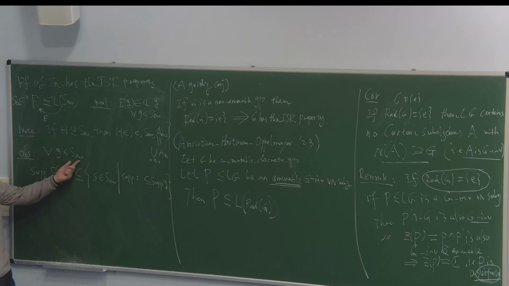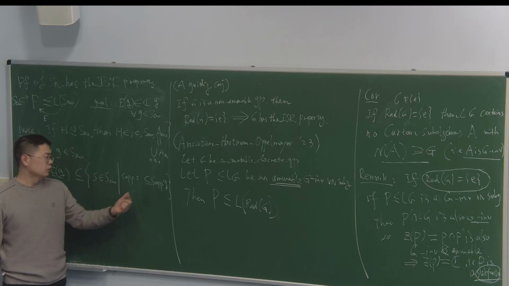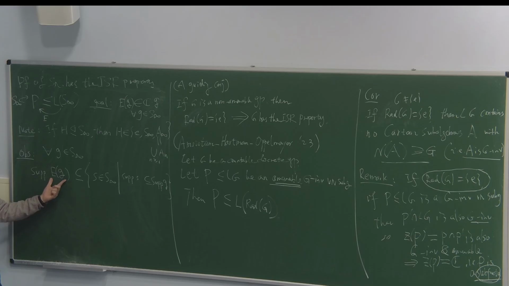Since g lies in here, the support is always a finite set. So this support of E(u_g) is already a finite set.